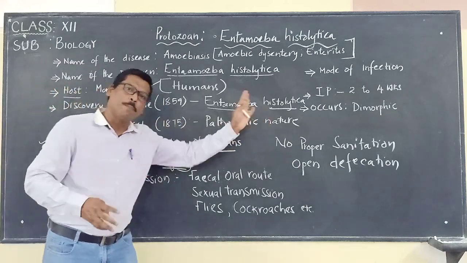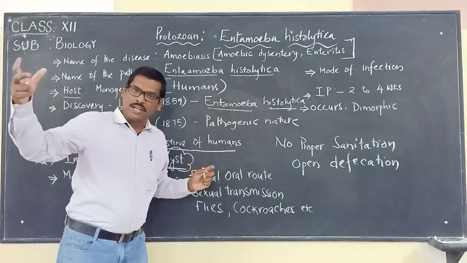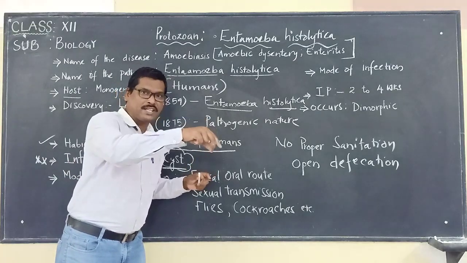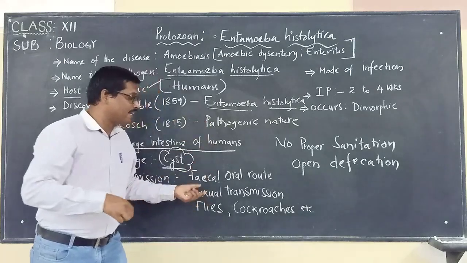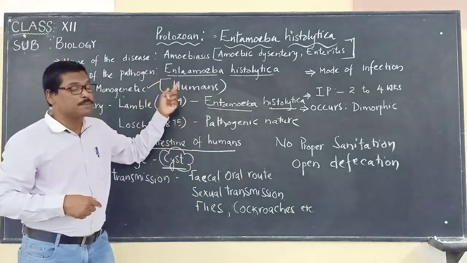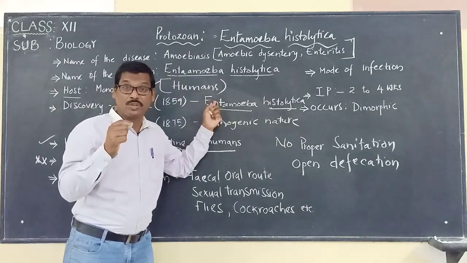So when they go for open defecation, the cockroaches and houseflies will visit this open defecated fecal matter, and on their body they will be carrying this pathogen called Entamoeba histolytica.